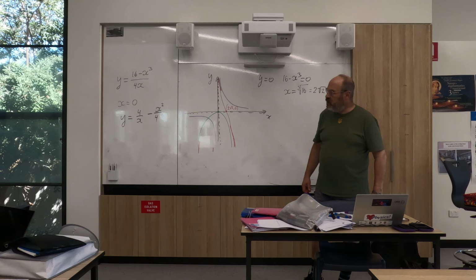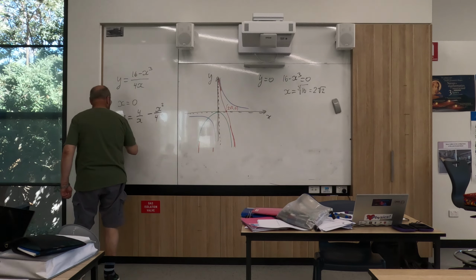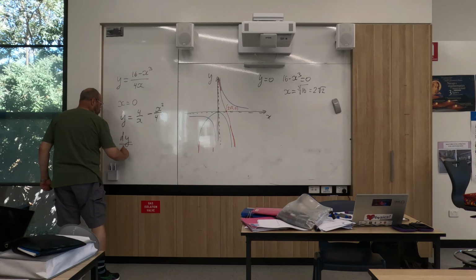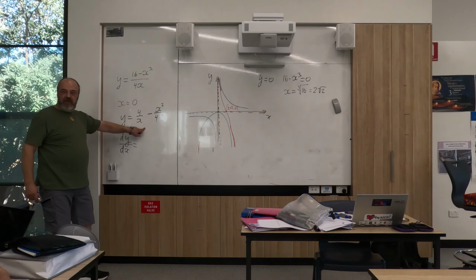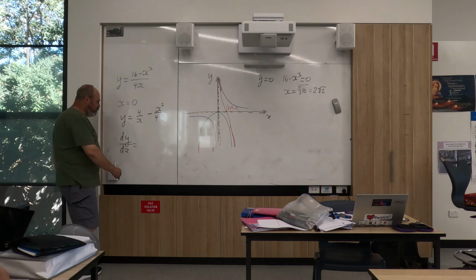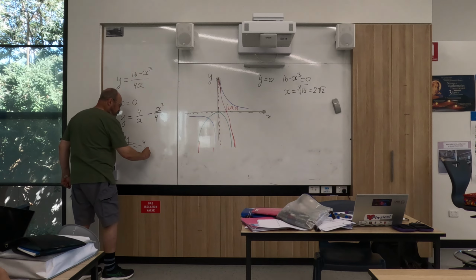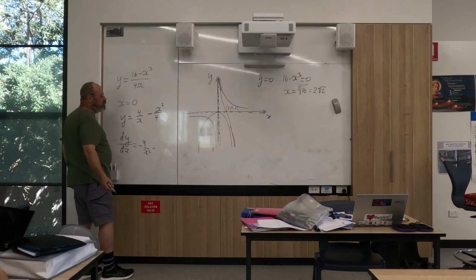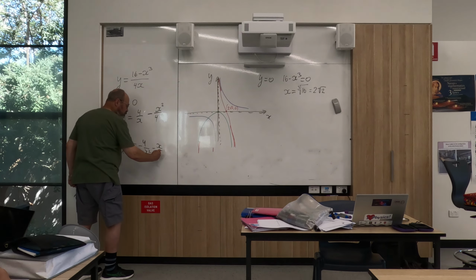Let's find the derivative of this. What will dy over dx equal? dy over dx is easier in this form. The derivative of 4 divided by x, 4 times x to the negative 1, is negative 4 on x squared. And the derivative of x squared over 4 gives minus 2x over 4, which is minus x on 2.